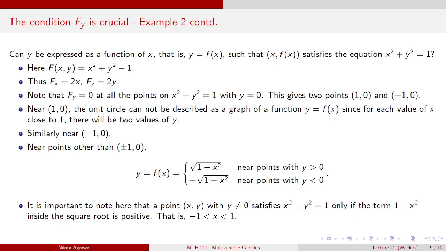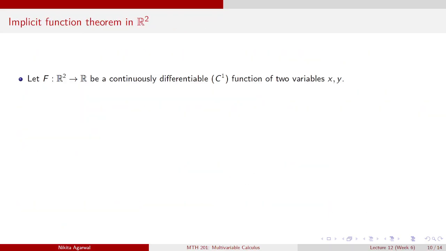Okay, so it turns out from these two examples that the condition that we had imposed, that the partial derivative of f with respect to y is non-zero, is going to be crucial. So let us look at implicit function theorem statement in R2.